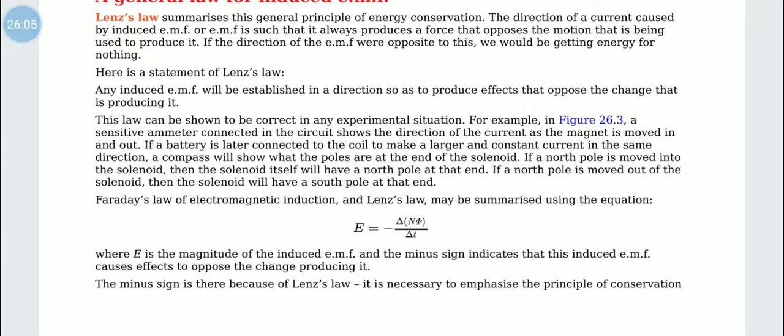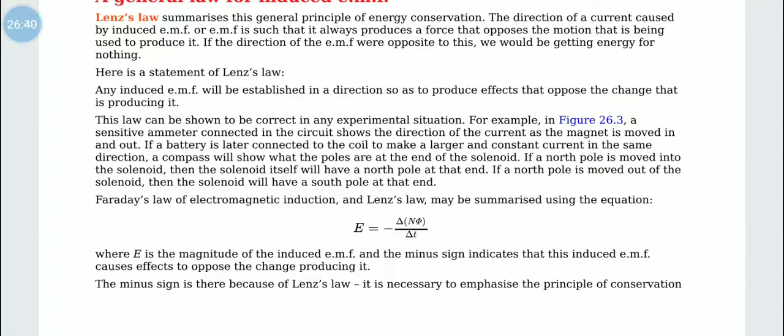Now we have used the sensitive ammeter in a circuit, so that gives the direction of the current when it is moved in and out. Then if we connect a battery to this coil to allow a large and constant current to pass through in the same direction, we will see actually that poles are going to be at the end of the solenoid.